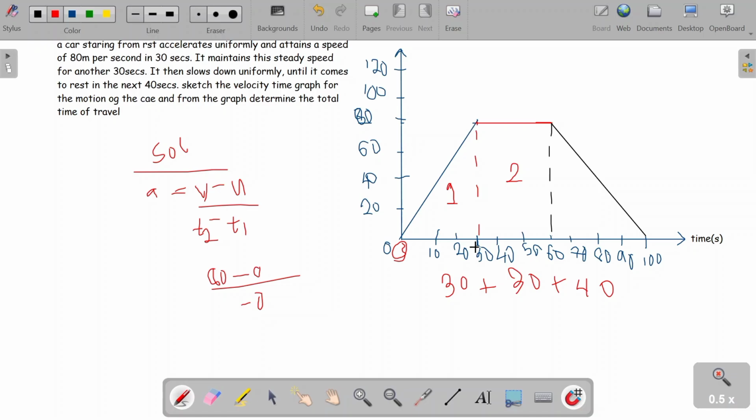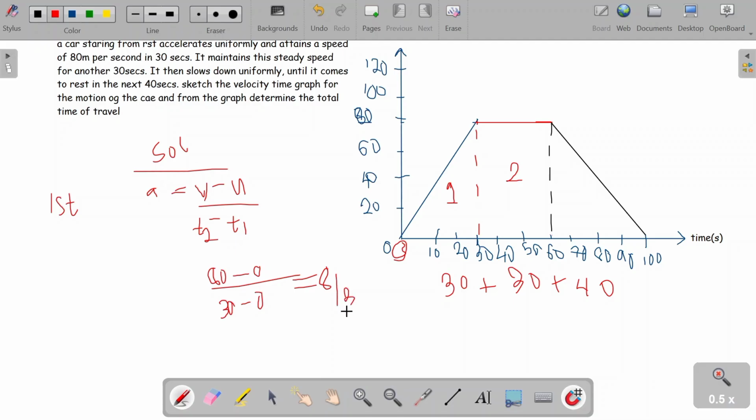It's 30 seconds. So 30 minus 0. So in the first part of his journey, his acceleration was 80 over 30, which we can simplify to be 8 over 3. And if we divide this using our calculator, we're going to have 2.67 meters per second squared.